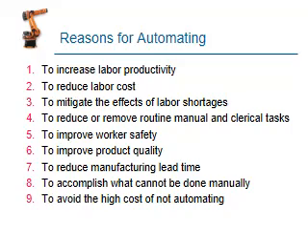So why do we need to go for automation? To increase labor productivity, reduce labor cost, mitigate the effect of labor shortage, reduce or remove routine manual and clerical tasks, improve worker safety, improve product quality, and reduce manufacturing lead time, and to do what cannot be done manually. In this place we replace humans with machines to avoid high cost.